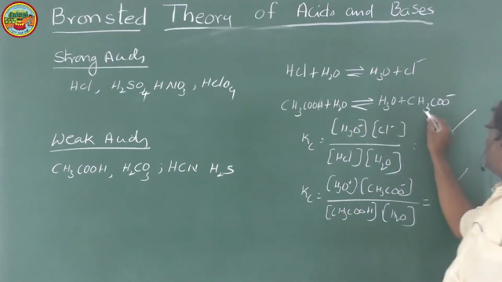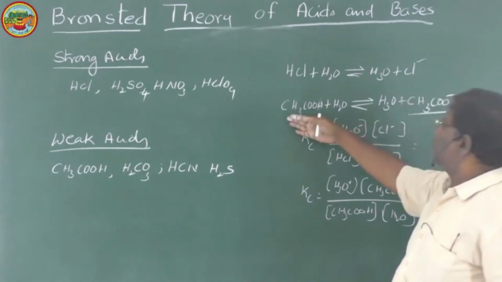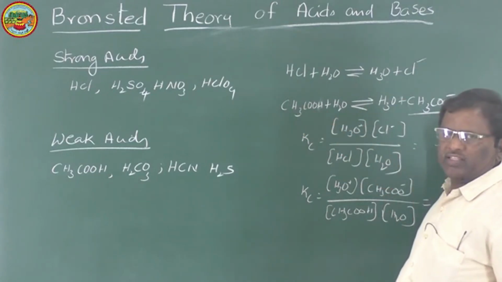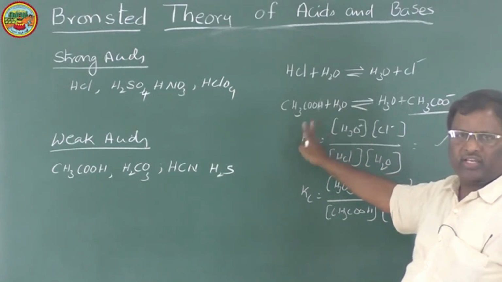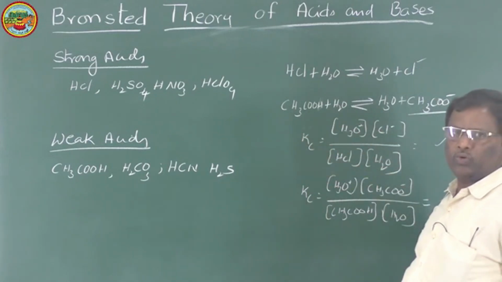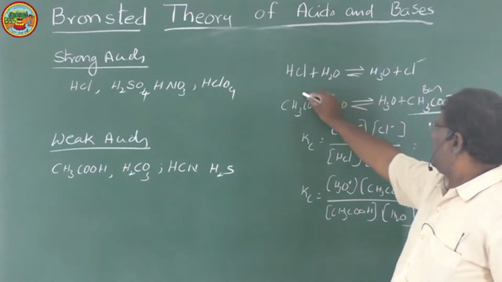Backward reaction more prominent means CH3COO minus has more affinity to accept a proton, and instead of being CH3COO minus, it prefers to be CH3COOH. It means CH3COO minus has more tendency to accept a proton. So this is the conjugate base of a weak acid.